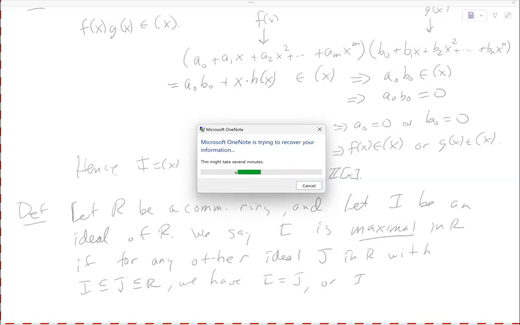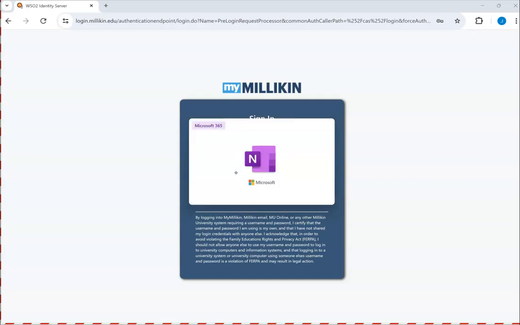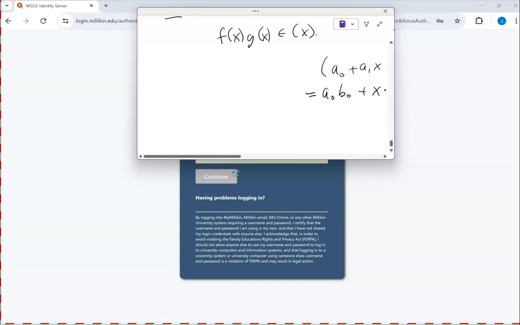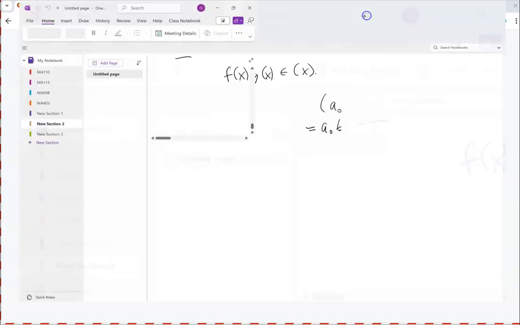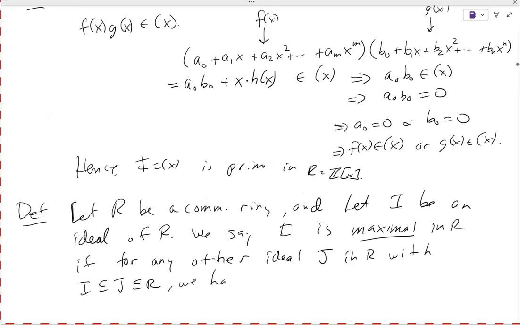This might take several minutes. Great. That's what I wanted to do. Oh, it's restarting. Insane. Yeah, it did. Most of it. Let's see. And now it's locked up again. There it goes. All right.